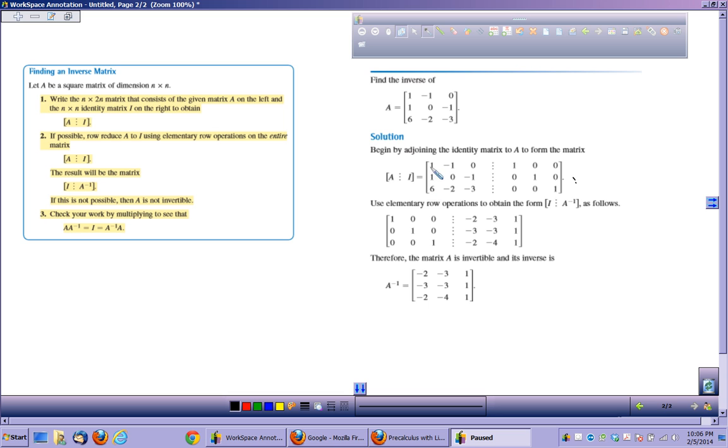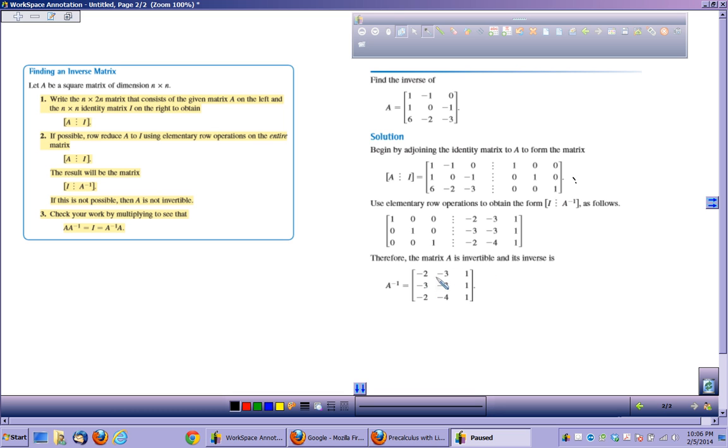This, I had to multiply by -6 to change this into a 0, then I'd have to change this into a 1, and I keep going, and as I'm changing it, this thing over here on the right changes into the inverse matrix, and that's the inverse matrix over here, which can be seen over here.